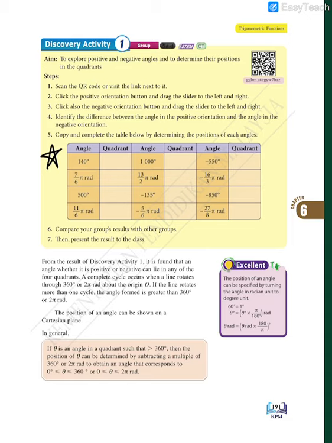The position of an angle can be shown on a Cartesian plane. What is a Cartesian plane?